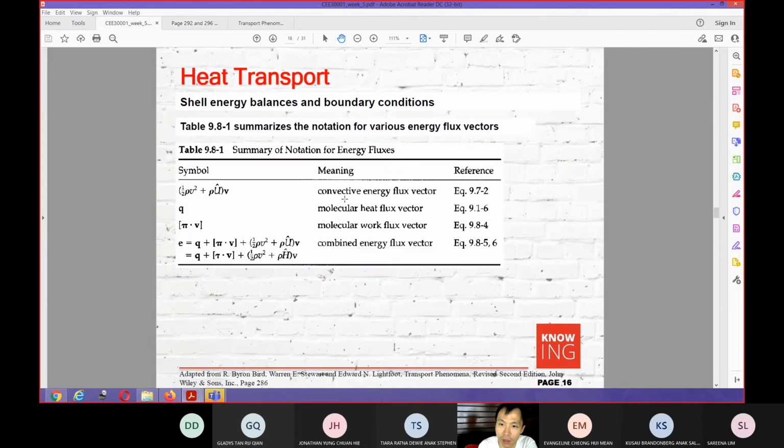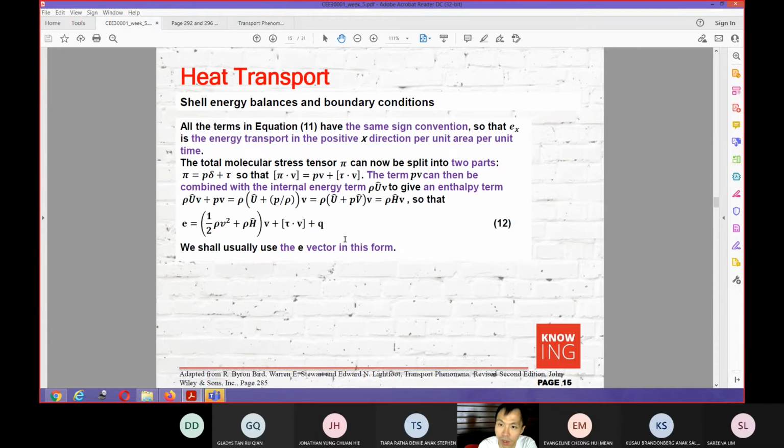So if I go back to equation 12, the velocity will be 0 because there is no movement of anything. So this term will disappear, it becomes 0. The second term as well, there is no velocity because the solid does not move, right? So we only have the conduction term, which is the last term in equation 12.